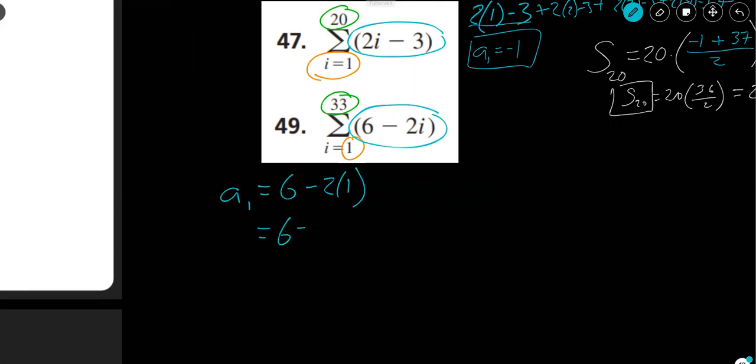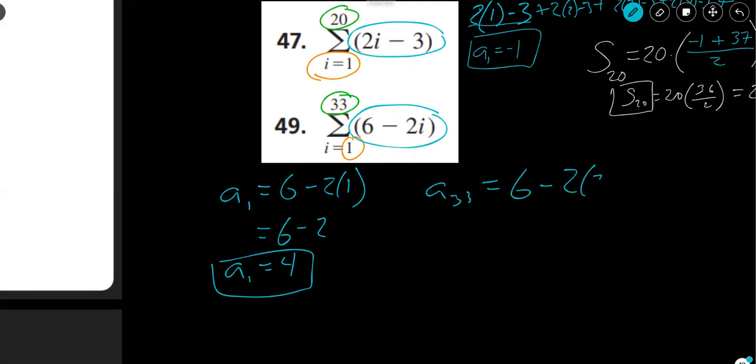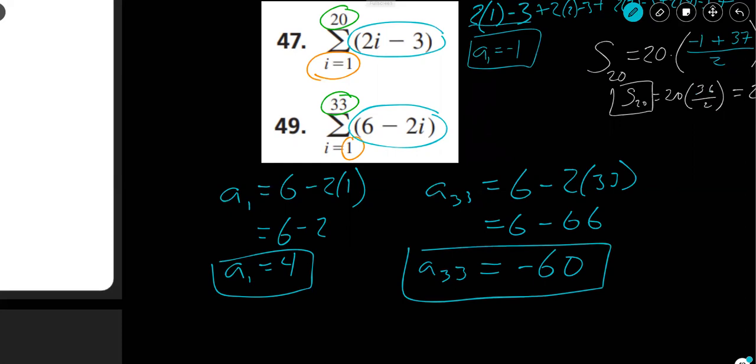So it's going to be 6 minus 2, which equals 4. So A1 is equal to 4. A33, I plug in 33, it's going to be 6 minus 2 times 33. That's going to be equal to 6 minus 66, which is equal to -60. So the 33rd value in this series is going to be -60.